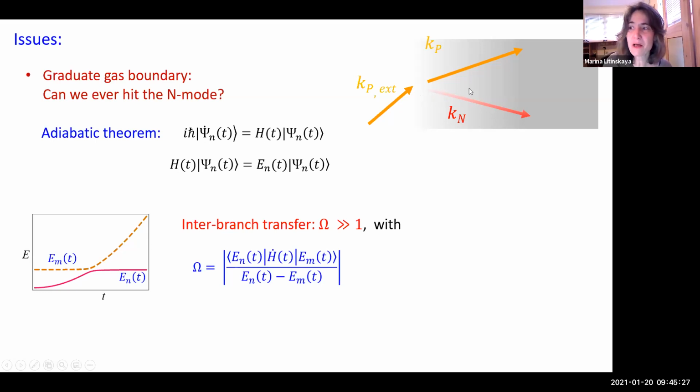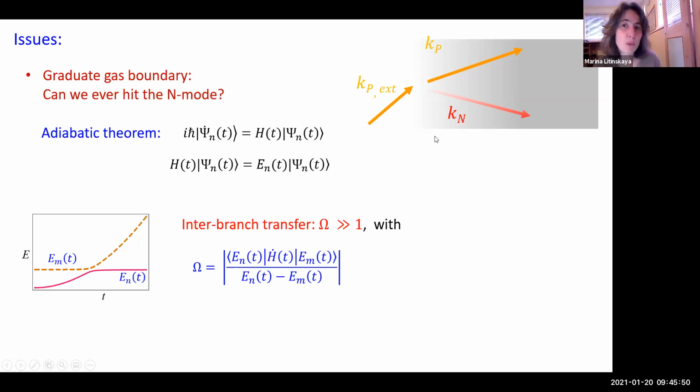And here, the spatial profile development is very slow because there is no distinct boundary. And the external photon is positively refracting. So it will adiabatically connect to a positively refracting mode in the gas, and probably it will never jump onto a negatively refracting branch.